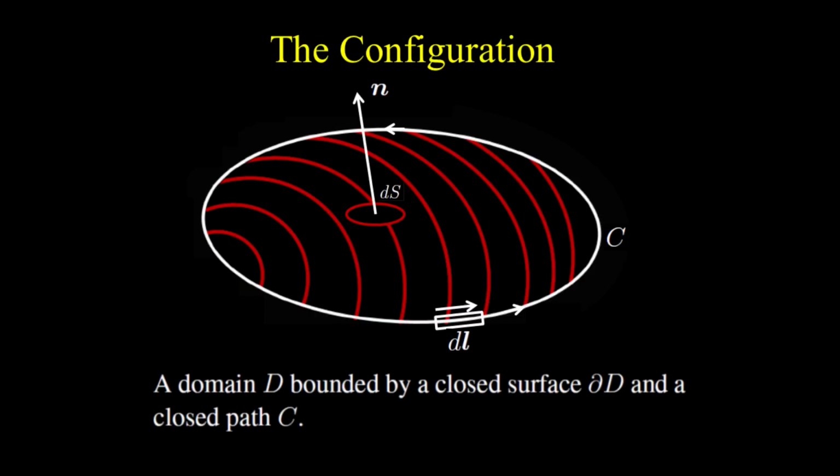Here is the configuration for the description of Gauss and Stokes theorems. D indicates the volume. Partial D indicates the surface around the volume. And C indicates one circulation line of this surface.